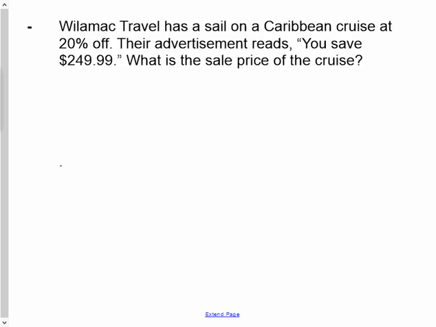Wilmac Travel has a sale on Caribbean cruises at 20% off. Their advertisement reads, you save $249.99. What is the sale price of the cruise? Okay, so X is going to equal the regular price.